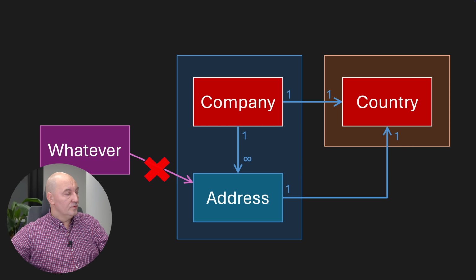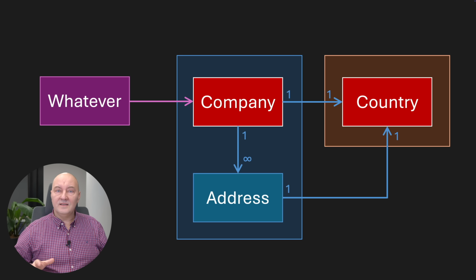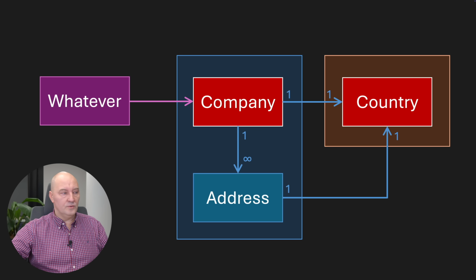All you can do is to reference the aggregate root. These are the principles of the aggregate design, and they all lead to one single important point. An aggregate is the unit of transactional consistency. The good thing about aggregates is that they streamline your design by grouping related entities into one unit.